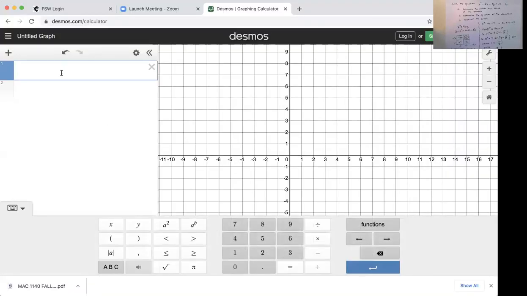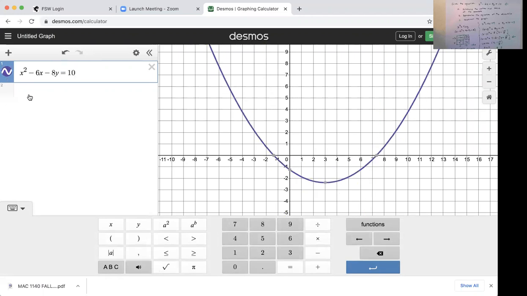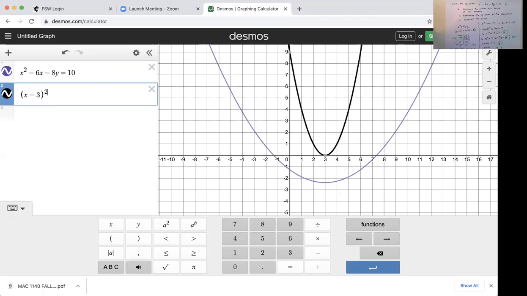So the question that they gave me was x squared minus 6x minus 8y equals 10. We see that one is done in purple, and then the one that I believe it should be is (x minus 3) squared equals 4 times 2 times (y plus 19/8).